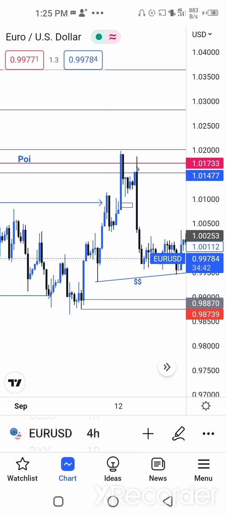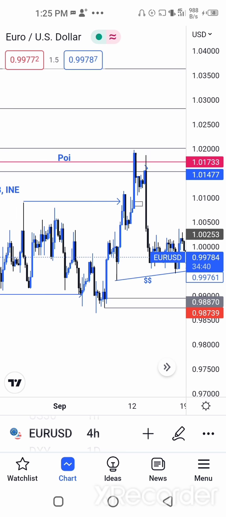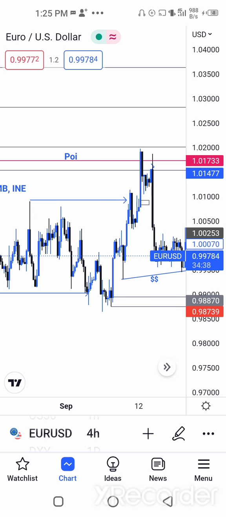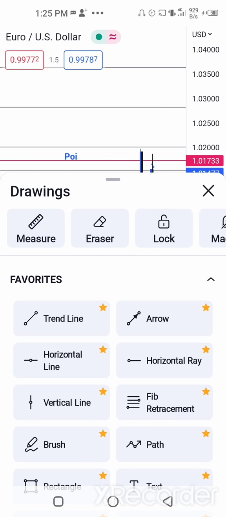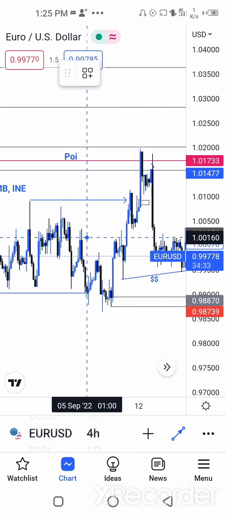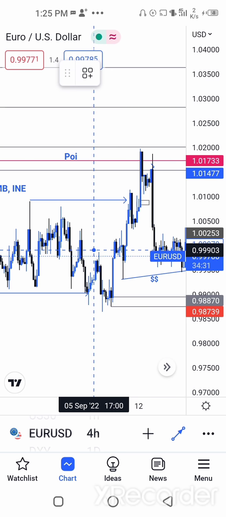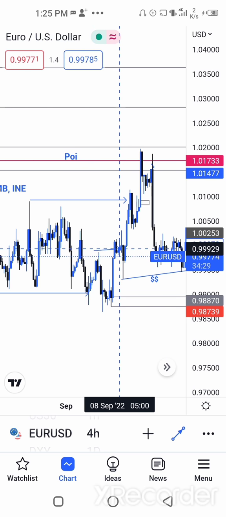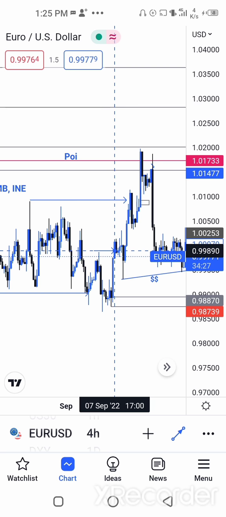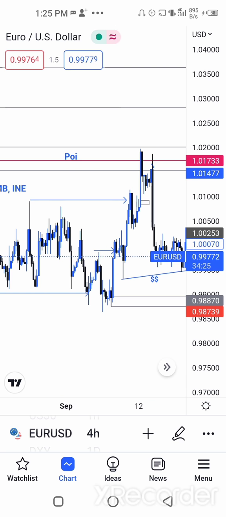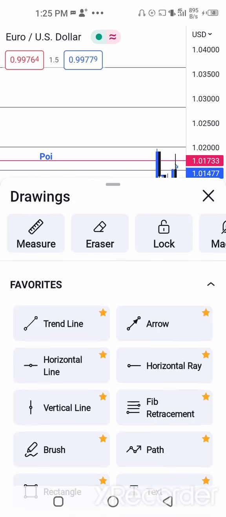Now if you look at this based on inline structure, you can see there was a break here, showing us some intermediary change in the structural prerogative. There was a BOS there, that is a break of structure.